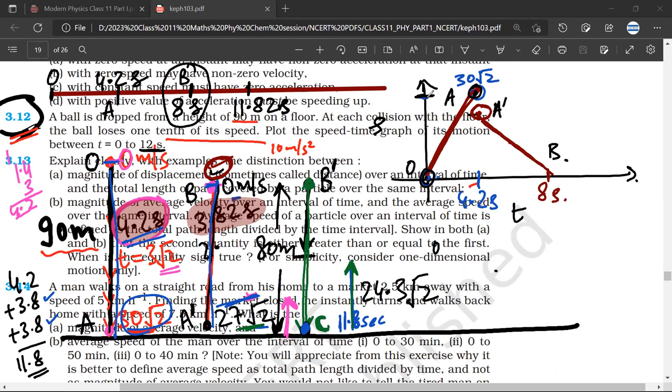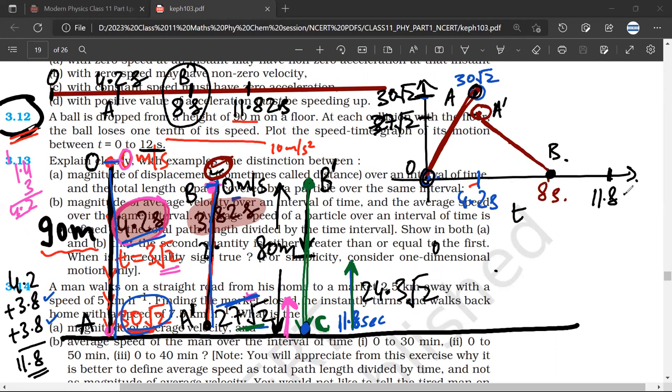and I'll come to 27 root 2. So this is 30 root 2, this is 27 root 2. So from B again I will start increasing my velocity, my maximum velocity will be reached at 8 plus 3.8, that is 11.8 seconds.